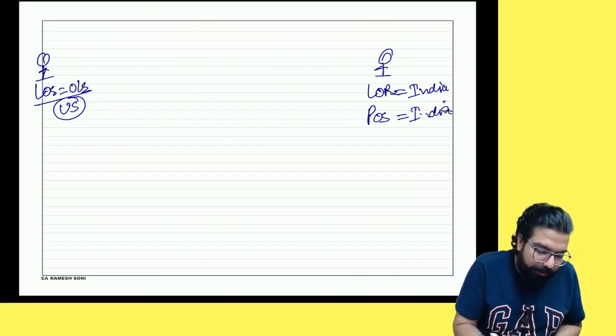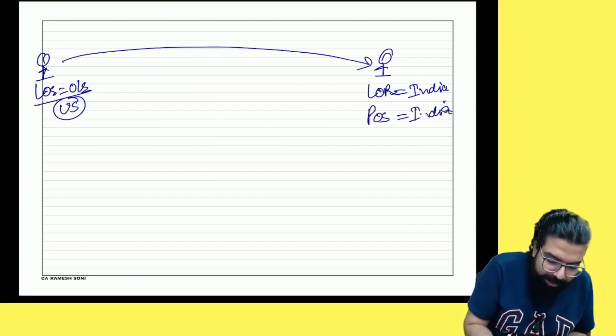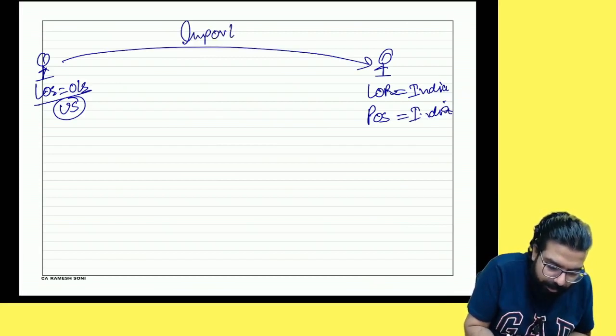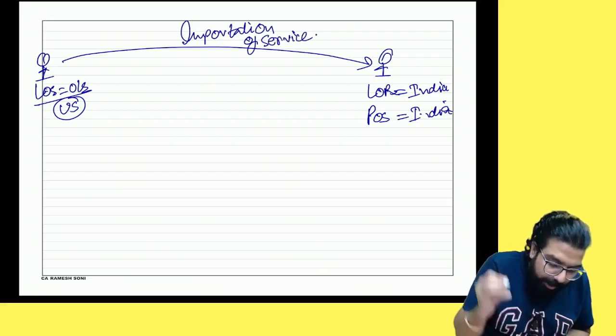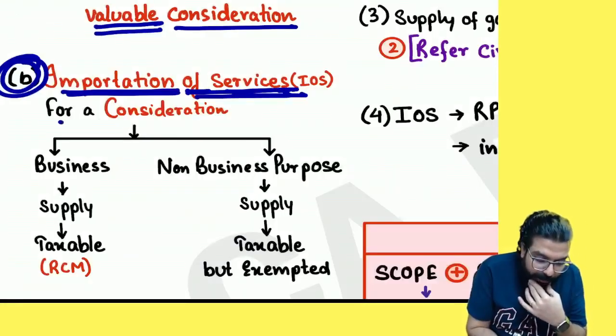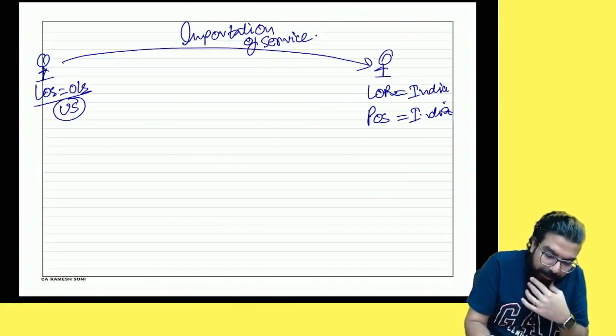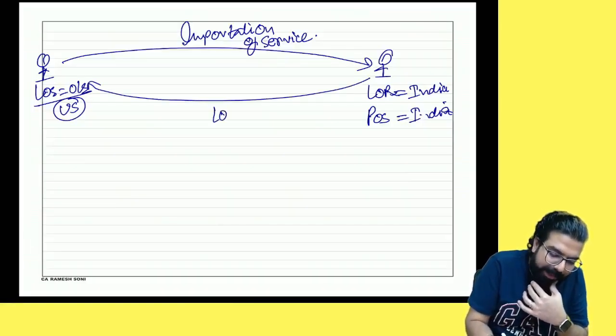Then we will call this service which was given from outside India as importation of service. My question over here, importation of service should be for a consideration, means supposingly I paid him $10,000. Is it for a consideration?